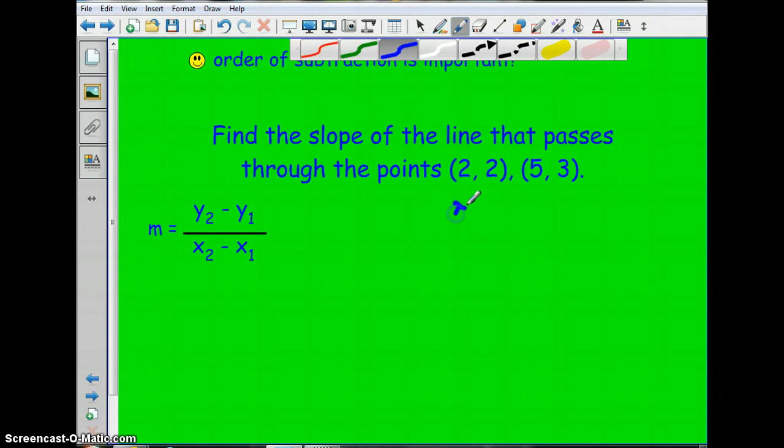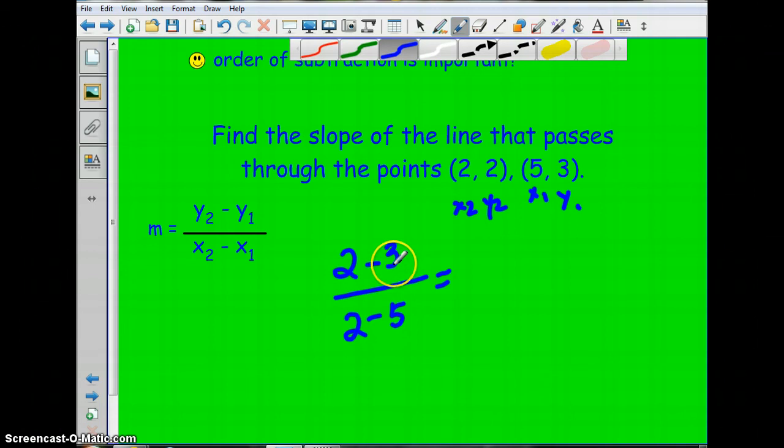You'll get the same answer. So I'm just going to call this x sub 2 and this y sub 2. And this one x sub 1 and this one y sub 1. Okay, so I'm going to take my y sub 2, which is 2, minus my y sub 1, which is 3. And that's my numerator. Then I'm going to take my x sub 2, which is 2, minus my x sub 1, which is 5.